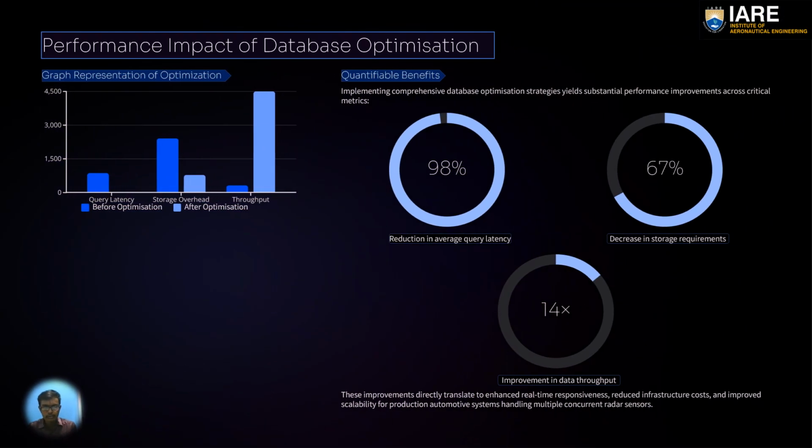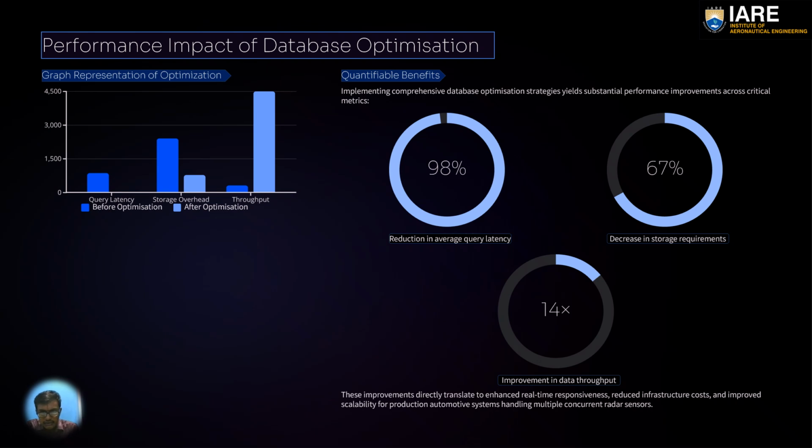Now let's discuss the performance impact of database optimization. Here, if you look at the graph representation of optimization, the data before optimization is initially very low, but the data after optimization is very high. That is the value of optimization in database.